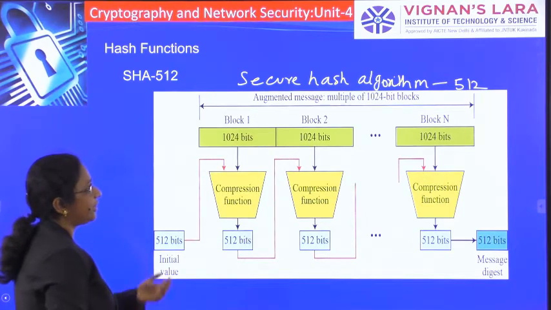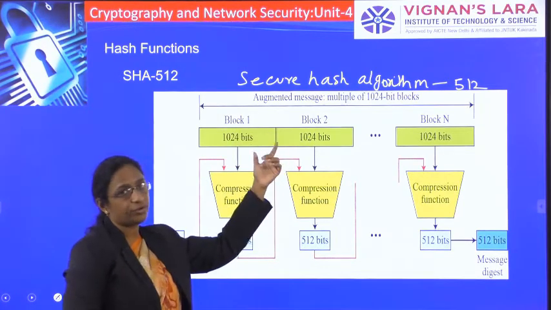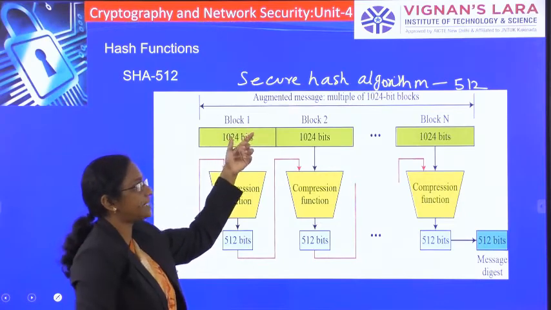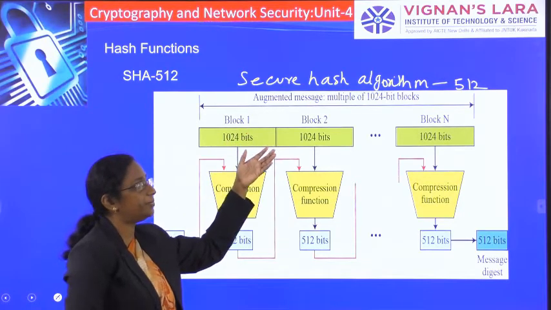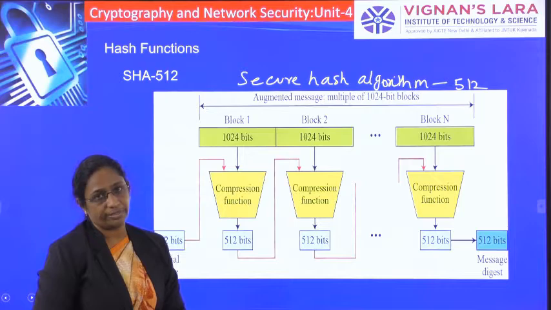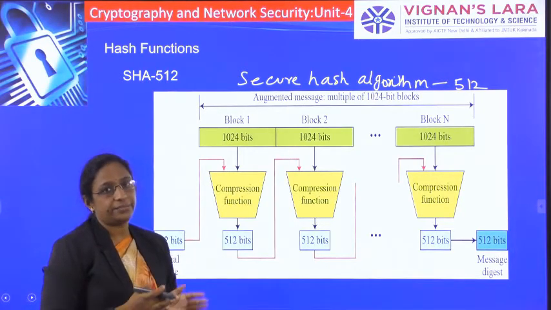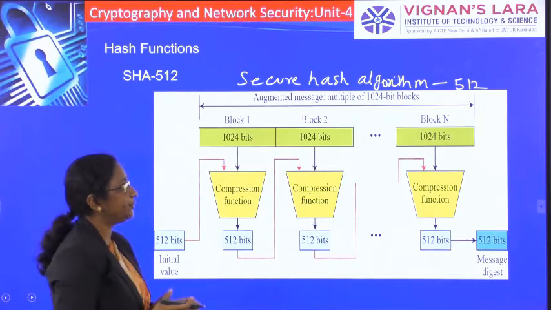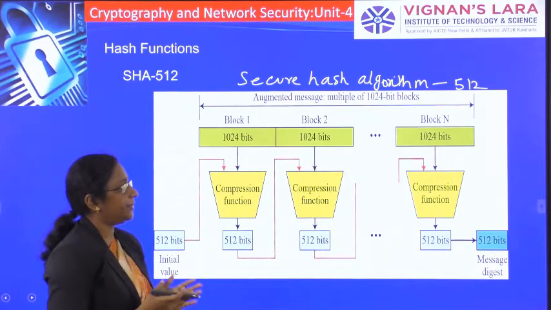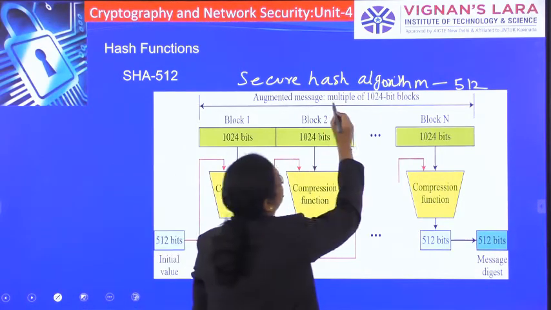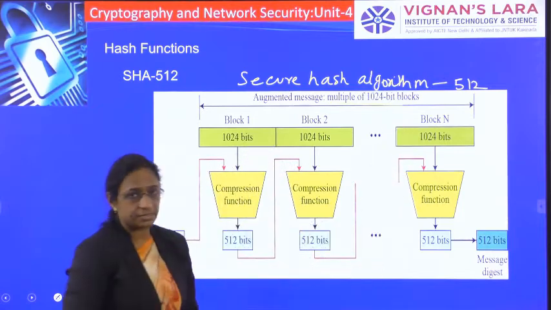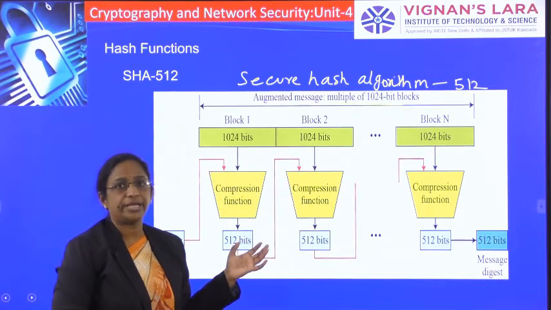Here is the process that is implemented in SHA-512. Whatever message you have, first it has to be converted into a multiple of 1024 bits. If required, you can do the padding.